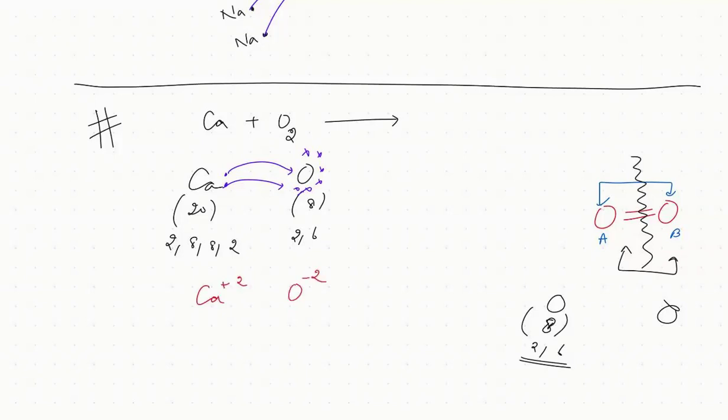And then there would be a bond which is called calcium oxide. Are you understanding my point? So it would be calcium plus 2 and O minus 2. Any doubts on this? I hope you're understanding that this would be calcium oxide.